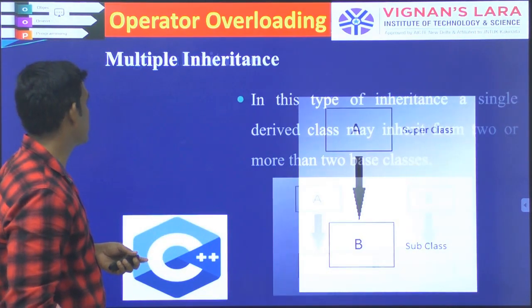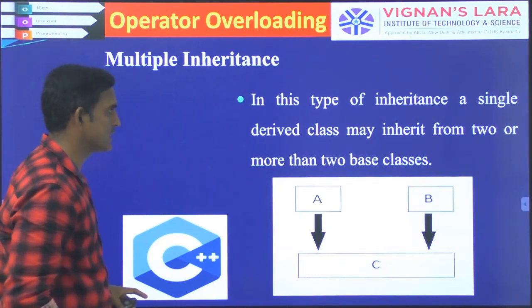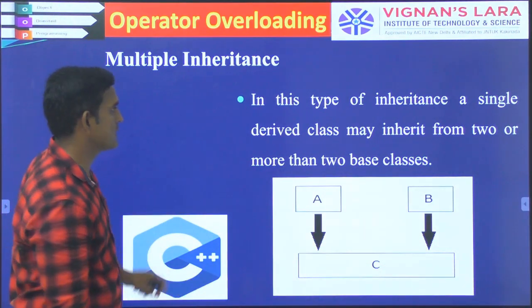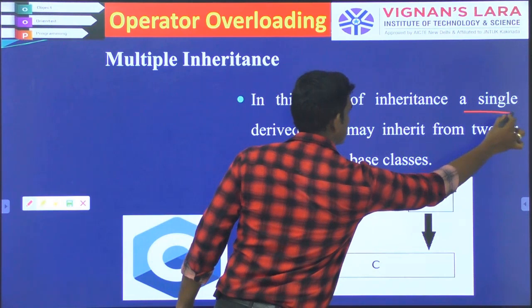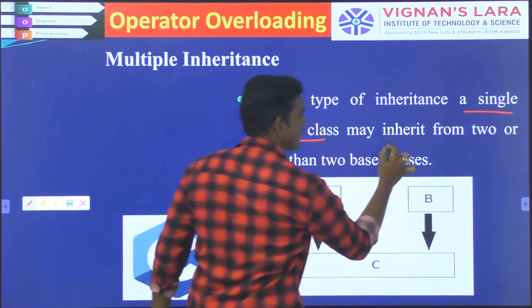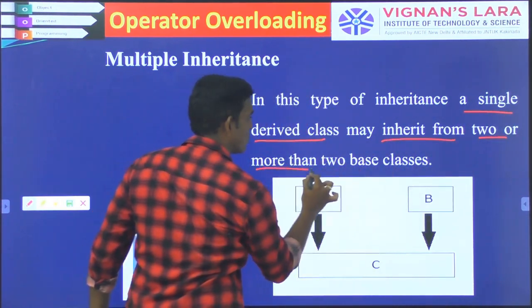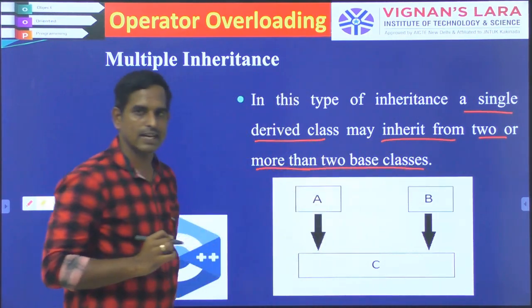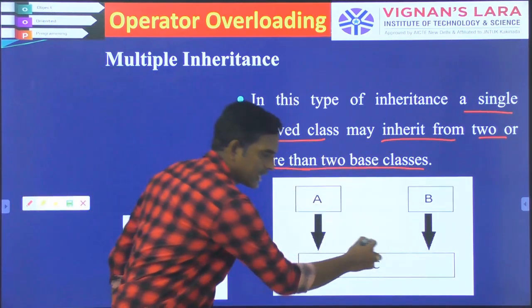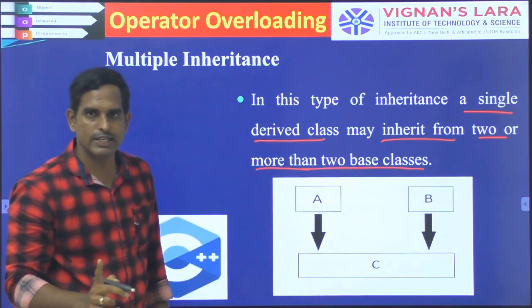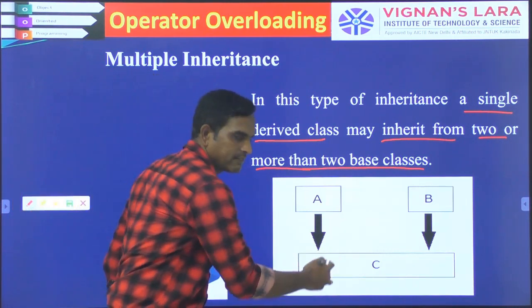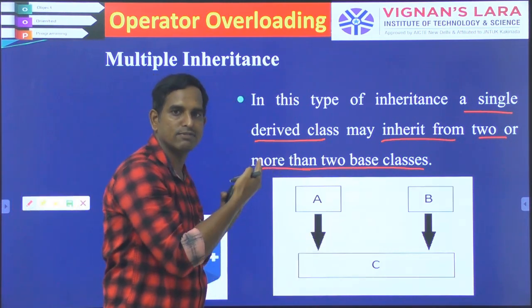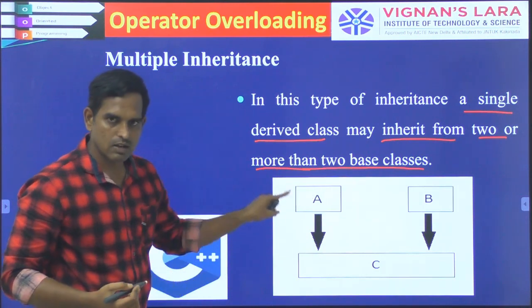The second type of inheritance is multiple inheritance. In multiple inheritance, a single derived class may inherit from 2 or more base classes. You will have only one derived class, and this derived class will inherit data from multiple base classes.